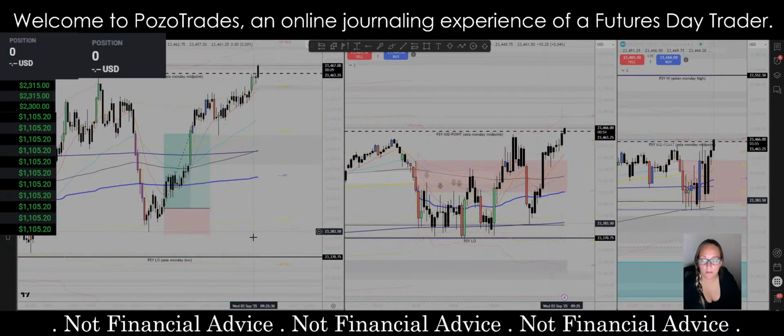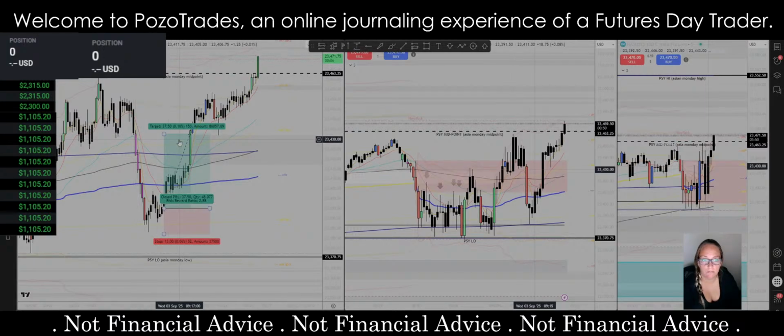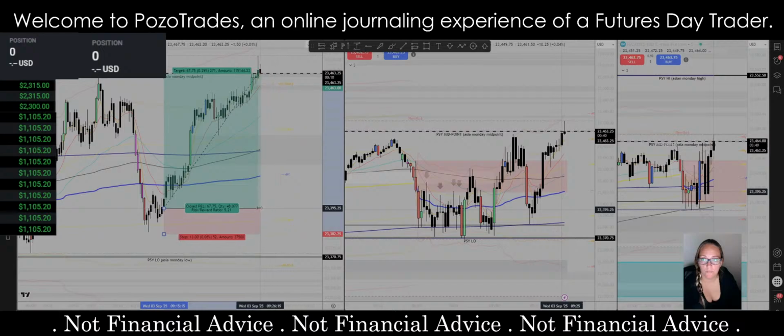Not a very good risk to reward if you're just taking back the vectors on the 15. But if you would have aimed for like Asia midpoint maybe, that would have been nice.